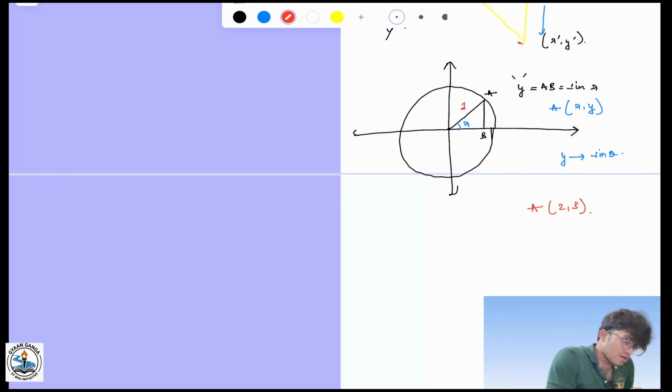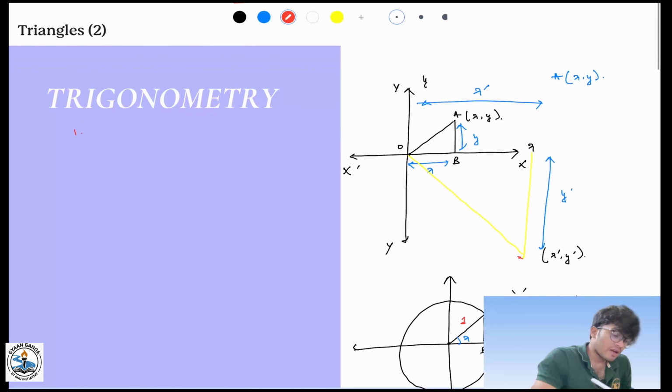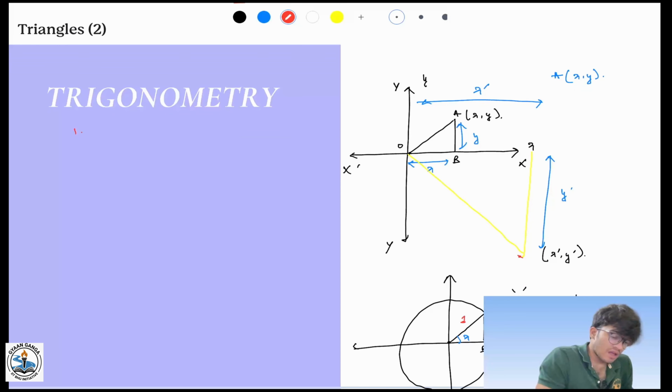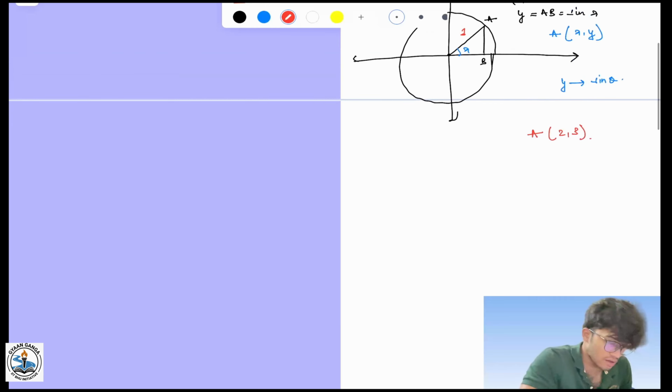The unit circle is essential for the y coordinate to be equal to the sine of the degree of rotation from the x-axis. In any general point, let's say this point P, this y dash is not equal to sine theta. It is only equal when you have a unit circle.